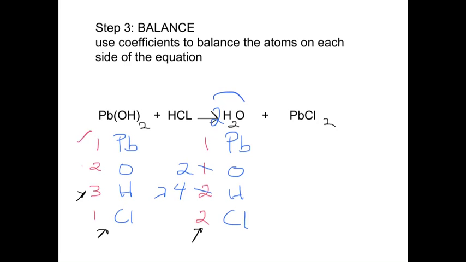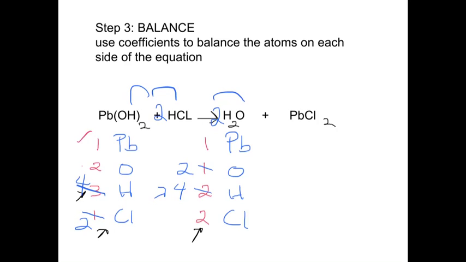So by adding a 2 in front of the HCl, I now have 2 atoms of chlorine on this side. I now have 2 atoms of hydrogen and 2 atoms of hydrogen here, so the total amount of hydrogen I have here is 4. So you can see that that kind of worked itself out.